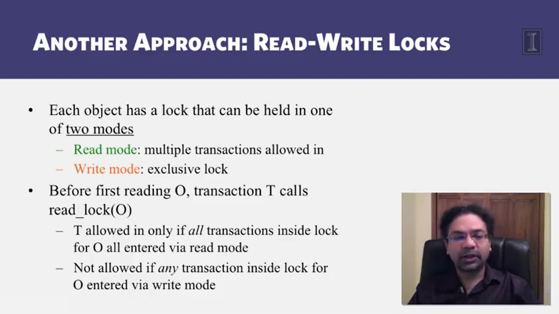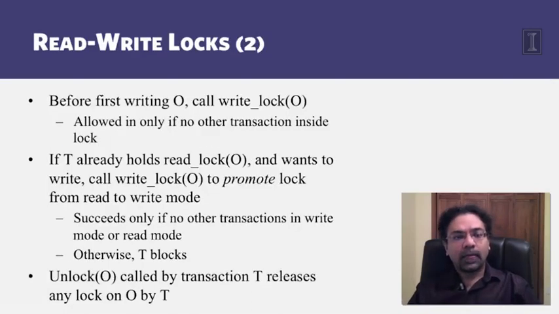Before a transaction T reads an object O, suppose it wants to read an object O, it calls read lock on O. The transaction T is allowed in if all the other transactions that are inside the lock are in the read mode currently. If any transaction is in a write mode, then T will have to wait. Now, what does T do before it writes object O?